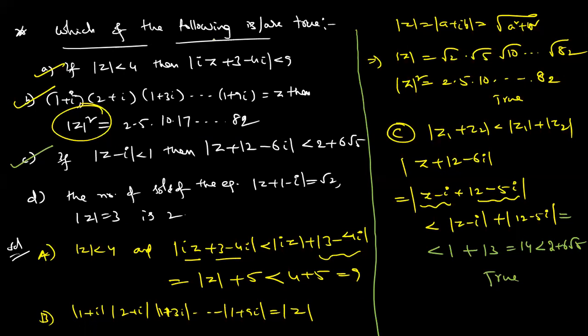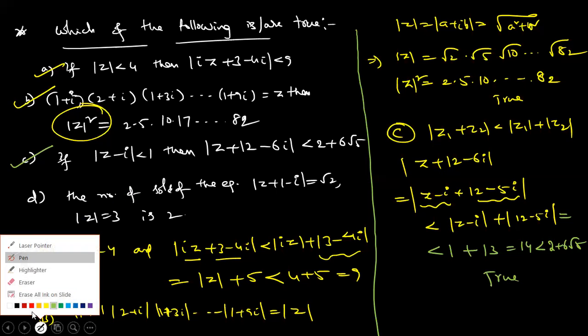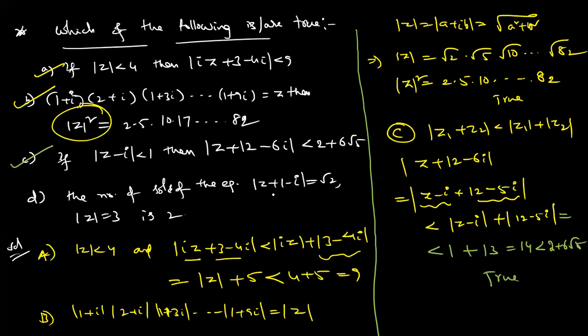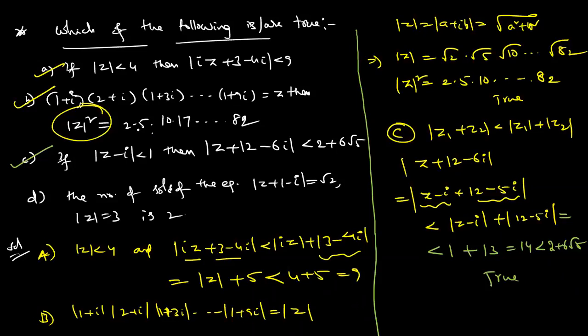Okay, anyone completed? Can I proceed? You can verify the number of solutions. How do you verify this one? Mod of z plus 1 minus i is equal to root 2 and mod z is equal to 3.